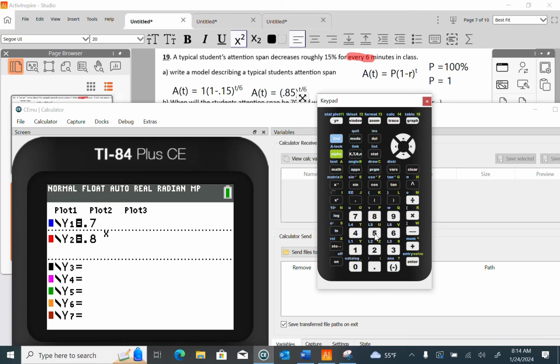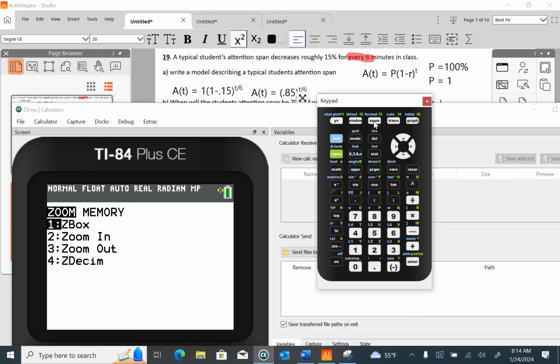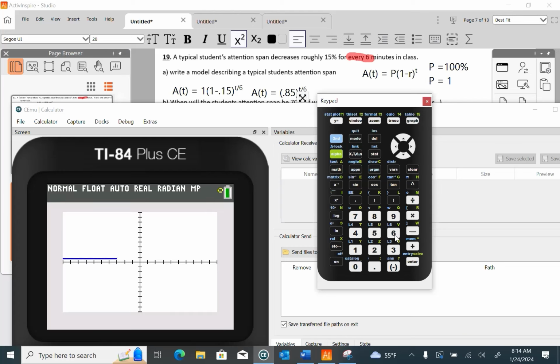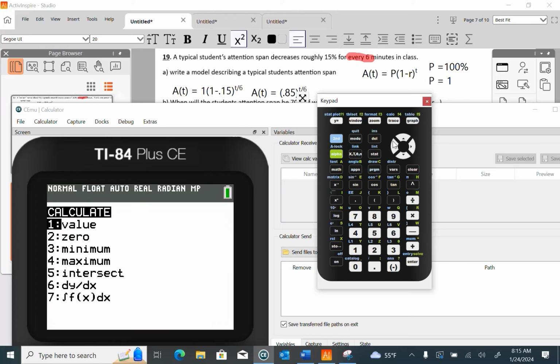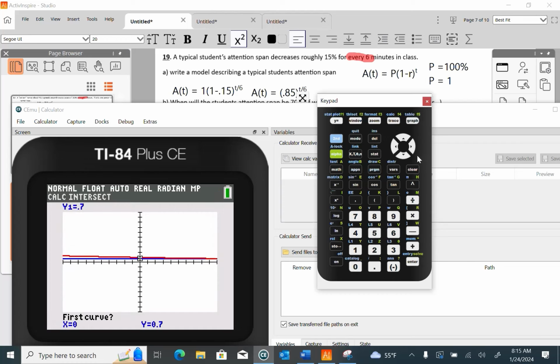We have 0.85 with an exponent of x over 6. Zoom 6 it. You should see that on a Zoom 6 window. You may not, but you should see it. Anyways, enter, enter, enter, enter.